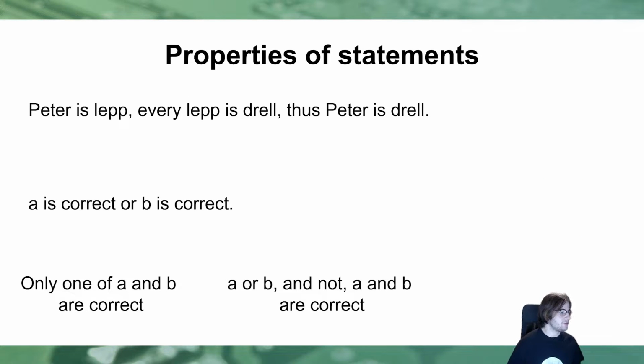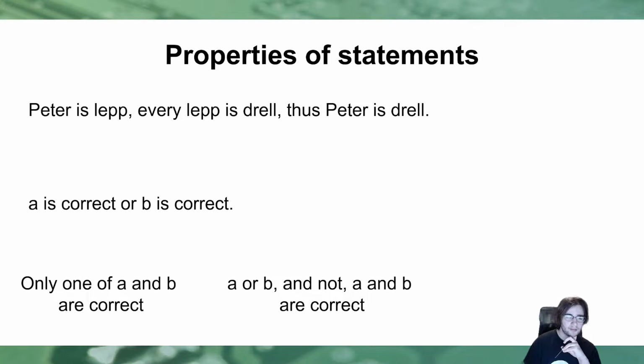Then there are a few properties of statements that we can assign. In the first statement up ahead, you have: Peter is lap, every lap is drell, thus Peter is drell. First think about it: is it true or false? What is written there?